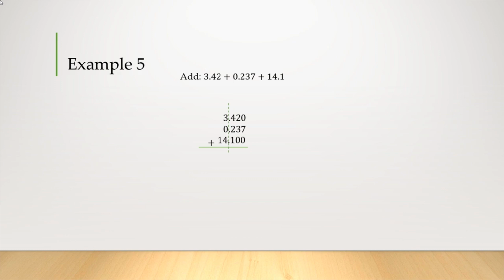So you would add 7 plus 0 plus 0 is 7. 2 plus 3 plus 0 is 5. 4 plus 2 plus 1 is 7. Just bring that decimal down. The decimal is lined up. 3 plus 4 plus 0 is 7. And then 1. So it's 17 and 757 thousandths.